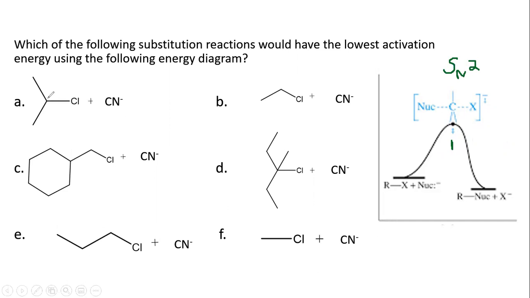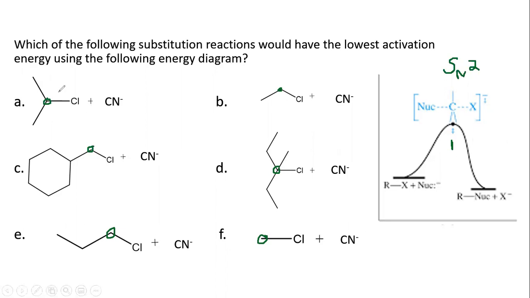So we circle the carbon attached to the halide, and we'll see how many carbon groups are off of it. So we're looking for the one with the least number of carbon groups attached to the carbon bound to the halide.